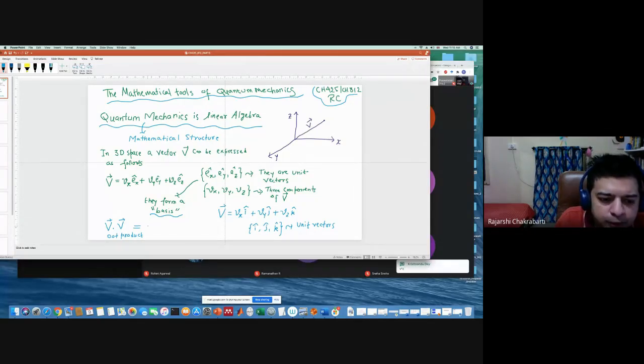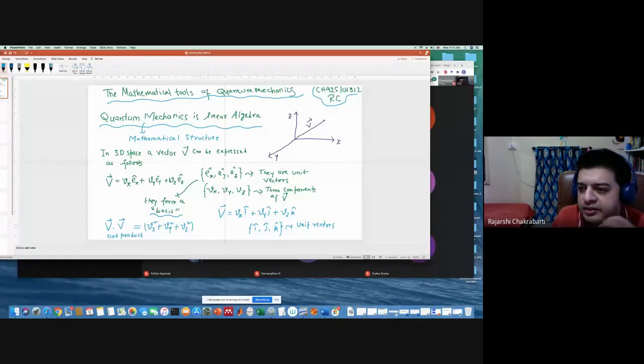So what I'm going to get is Vx square plus Vy square plus Vz square. The dot product is a scalar, of course, it has no direction, and this is how the answer comes out: Vx square plus Vy square plus Vz square.